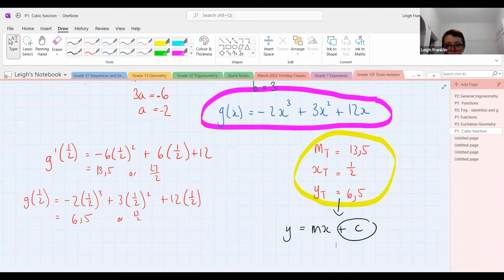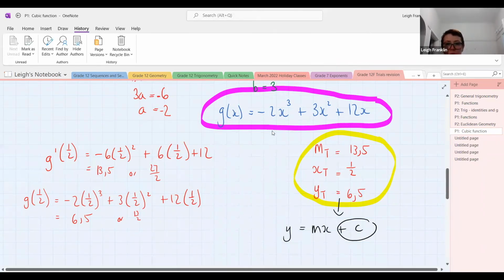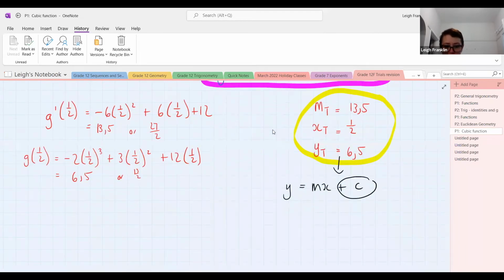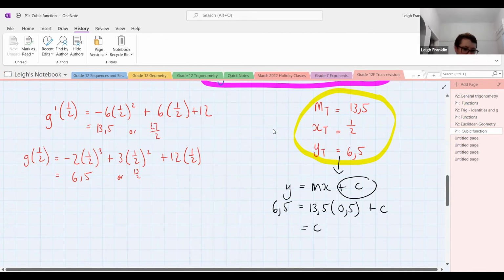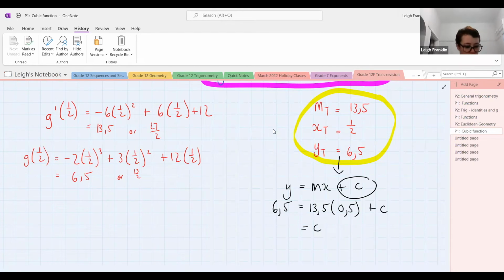All right, so we know that y is 6,5. We know that m is 13,5, and we know that x is a half, or 0,5, plus c. So how big is c? Let's see what you guys get as an answer.